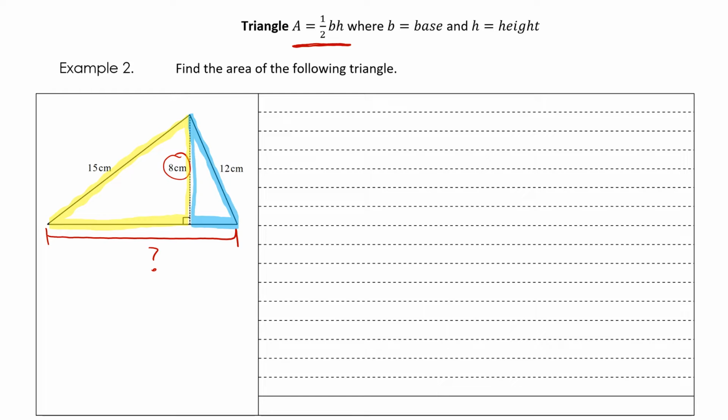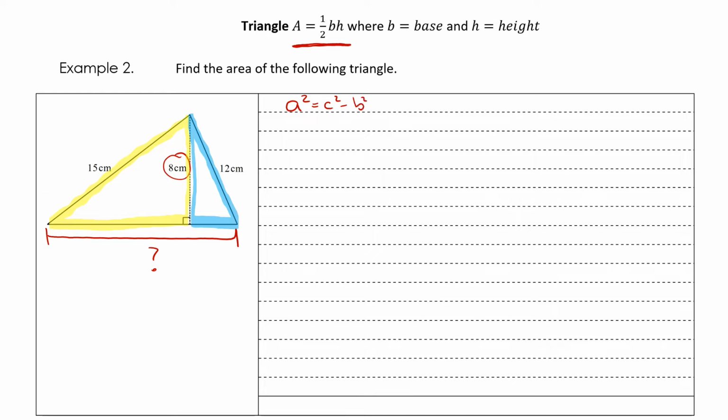Okay, now we have two side lengths on each of those right-angle triangles, and we're trying to find the third side length down the bottom. We have a formula that does that for us, don't we? It's called Pythagoras theorem. So let's use Pythagoras theorem, which we know. Are we finding a long side or a short side for both of these? We're finding a short side. So we're going to use a squared equals c squared minus b squared.